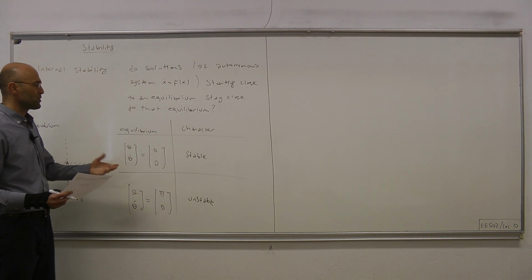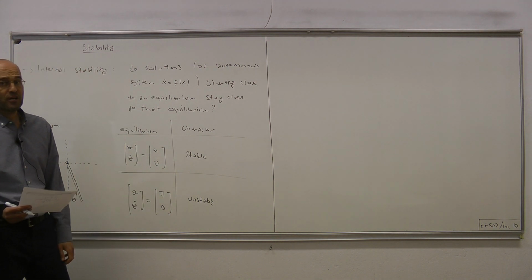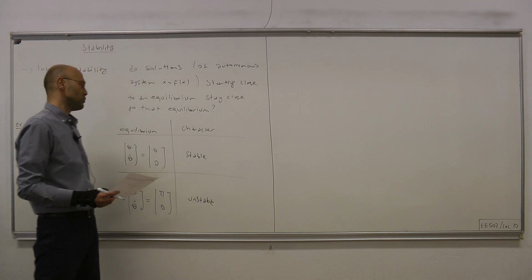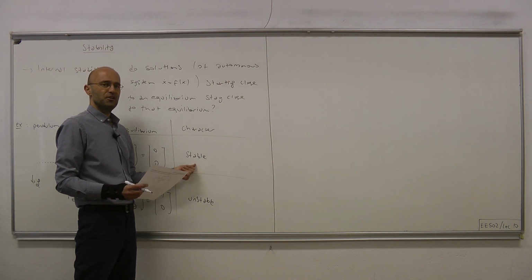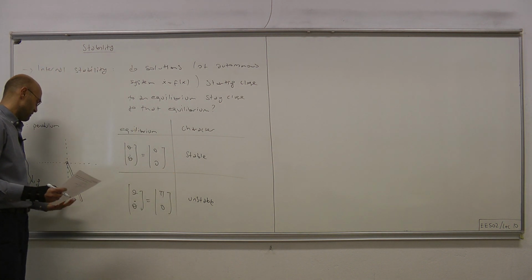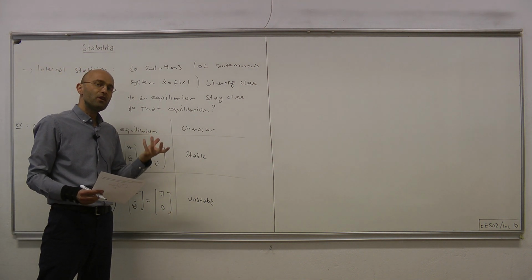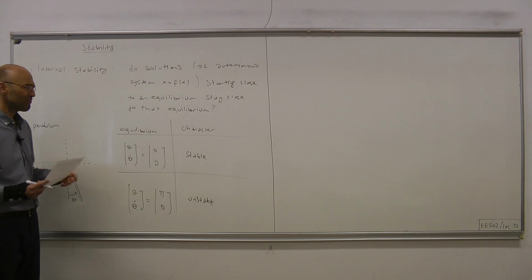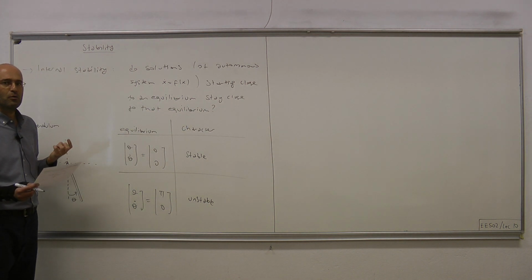Of course, this adjective stable or unstable is very frequently used, and we will also use it for our linear systems to indicate a system. So we say this system is stable or this system is unstable. When we do that, we inherently assume that our listener knows what equilibrium point we're talking about.